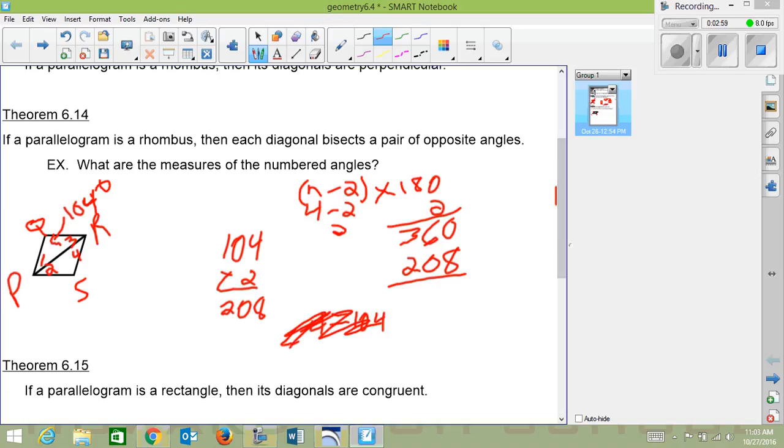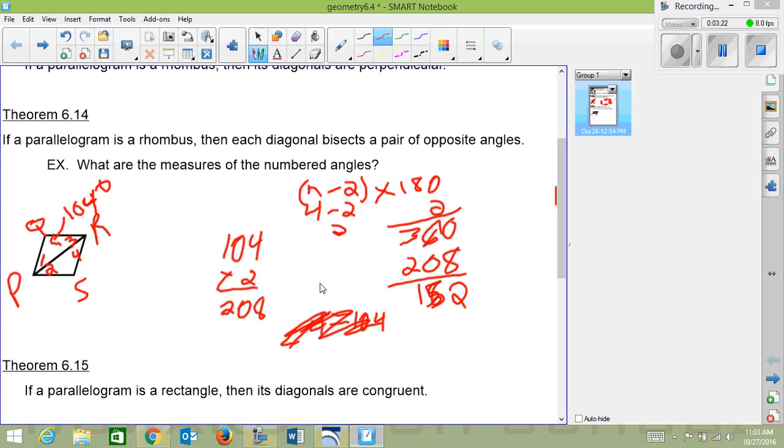Angle 4 is this little one. In my head, I had it here. It's not there. So you have 104 and 104 here. So we need to figure out how much is left for those other two corners. So 152 degrees is what's left.